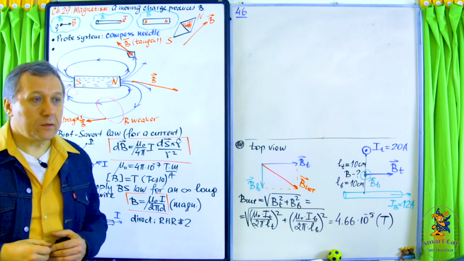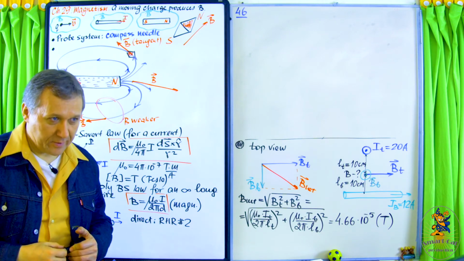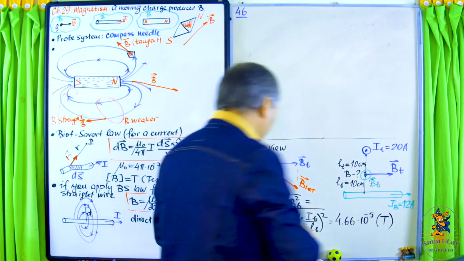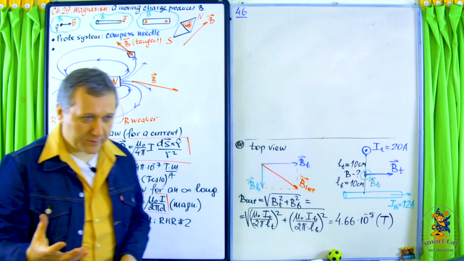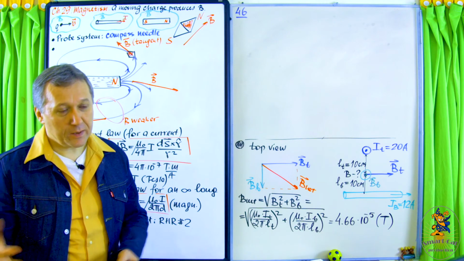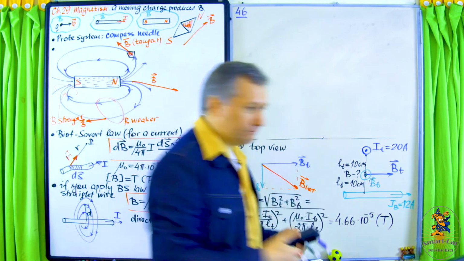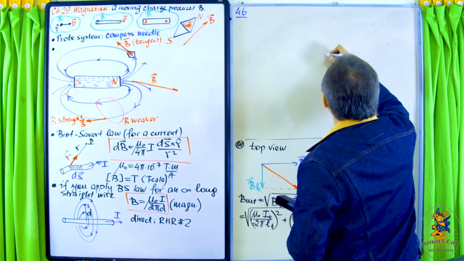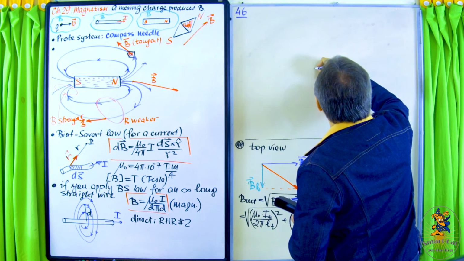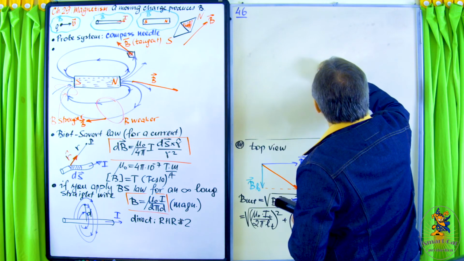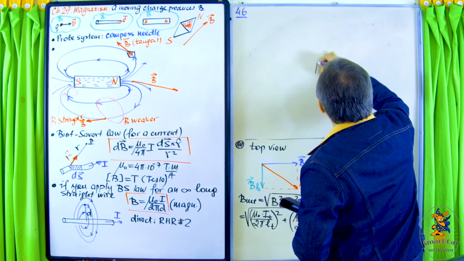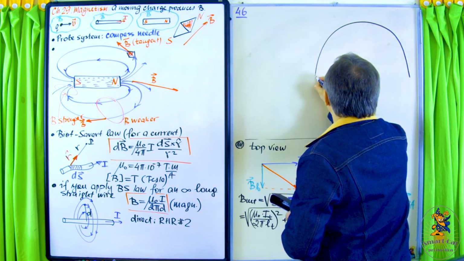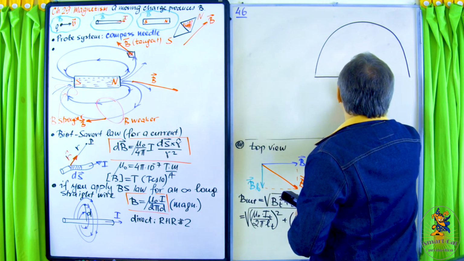So we have a loop with current, a loop of a reasonably complicated shape, which consists of two semicircles of different radii and some sections connecting those two semicircles. Let me start with the larger one. So that's the outer semicircle.